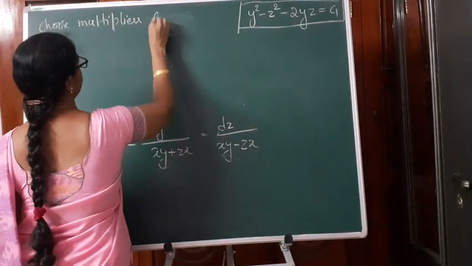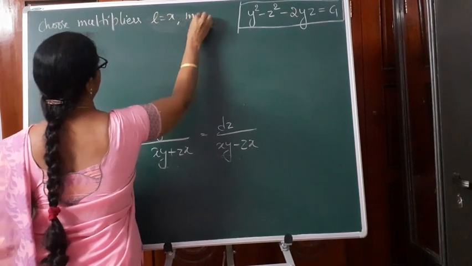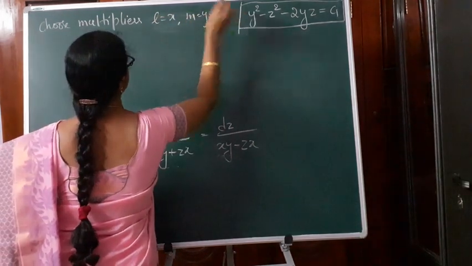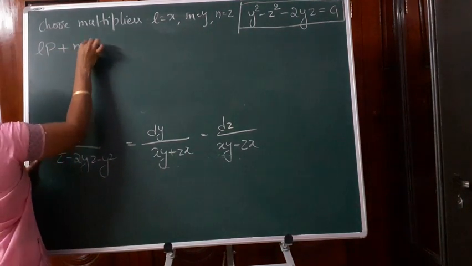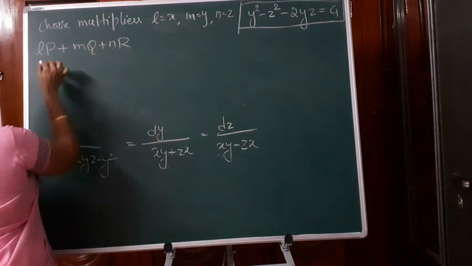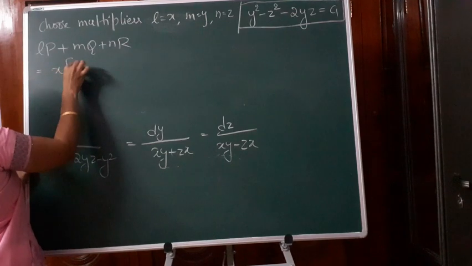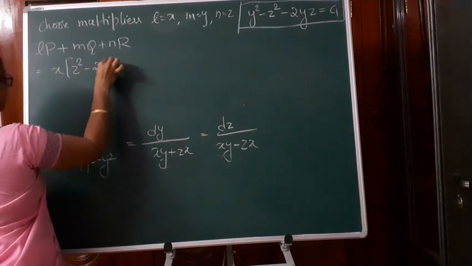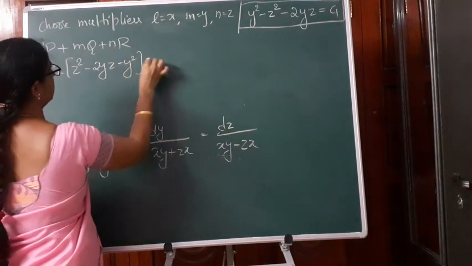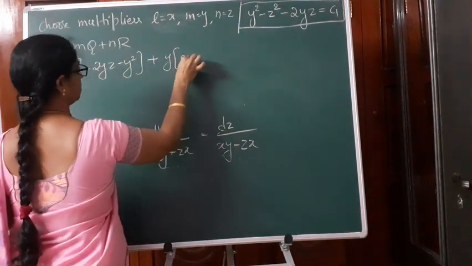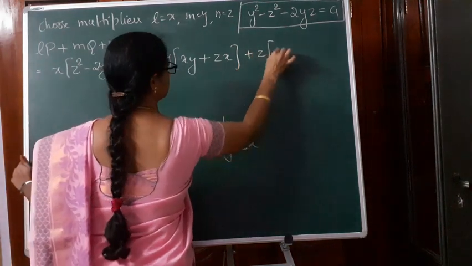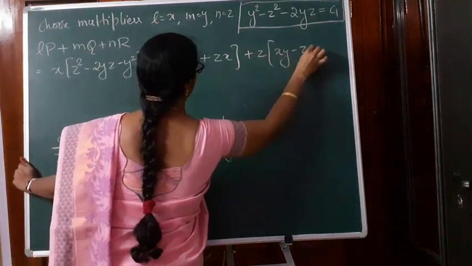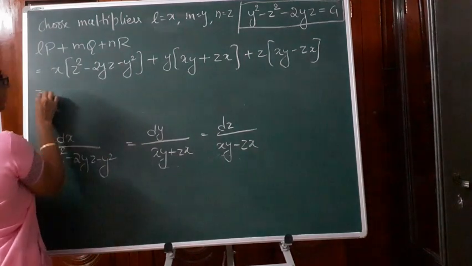Then let us see what happens to LP plus MQ plus NR. That is, L is x, M is y and N is z. So what happens to LP plus MQ plus NR? This is x into z square minus 2yz minus y square, plus y into xy plus zx, plus z into xy minus zx. I am not sure whether it is 0 or not. Let us check.